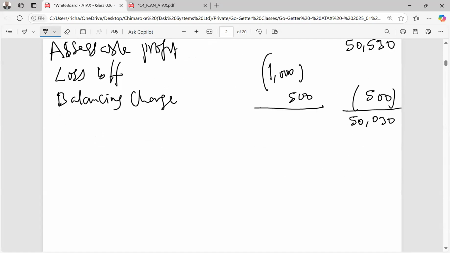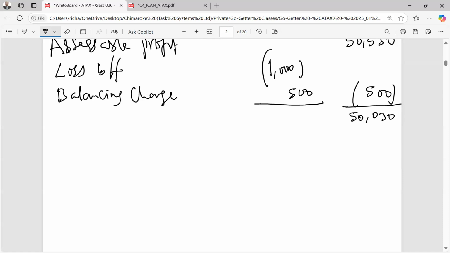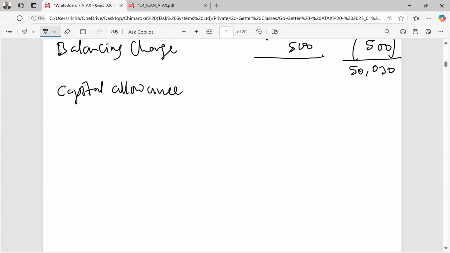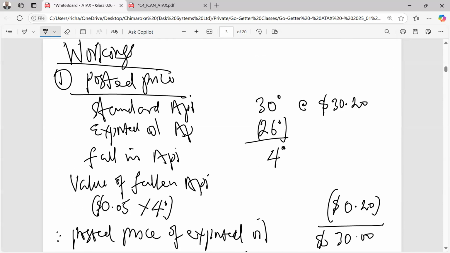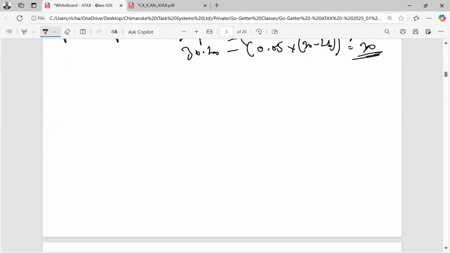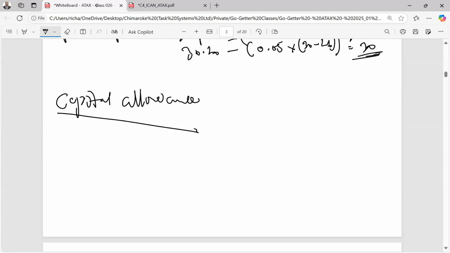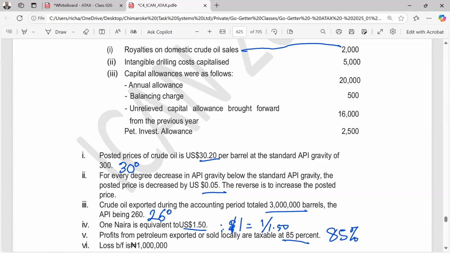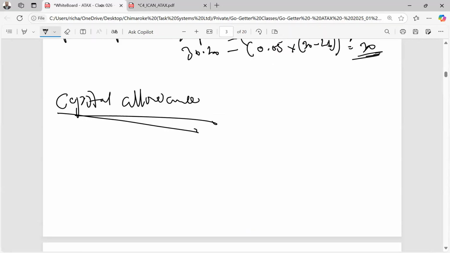Okay. Now the next thing to do is to bring your capital allowance. Now you need to calculate capital allowance separately. All right, so we are told here we have capital allowances as follows.